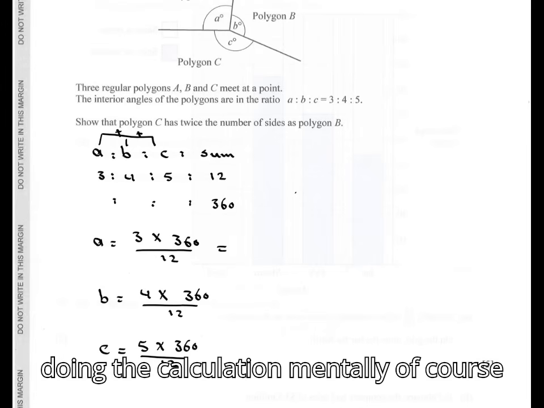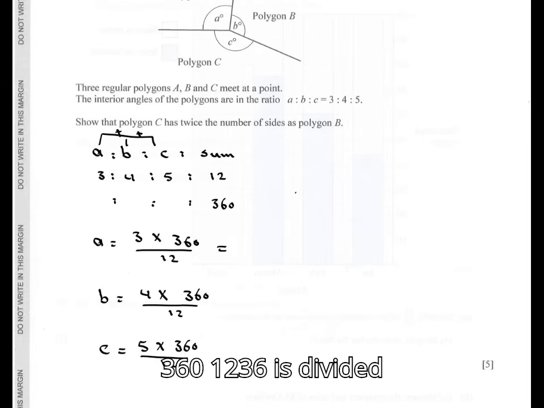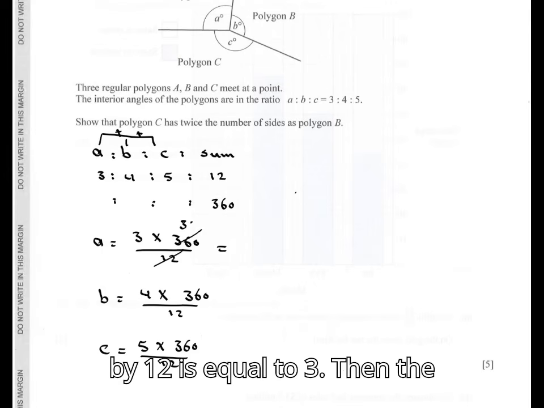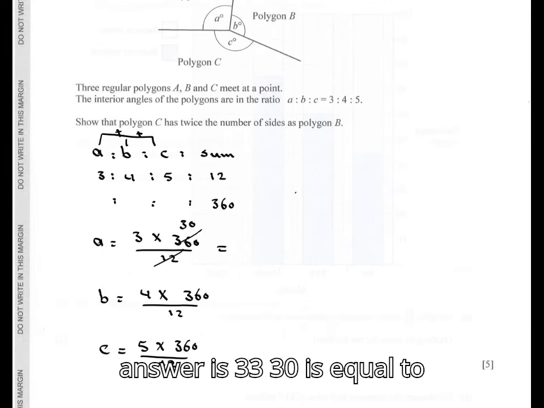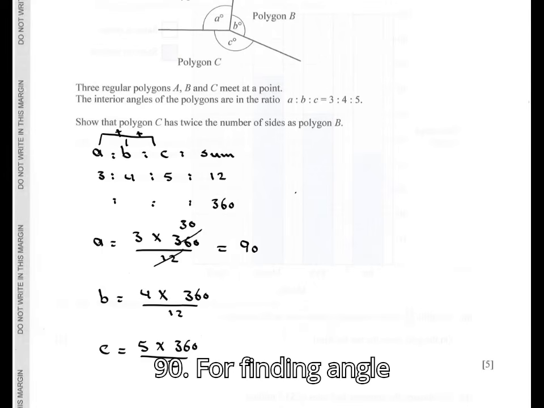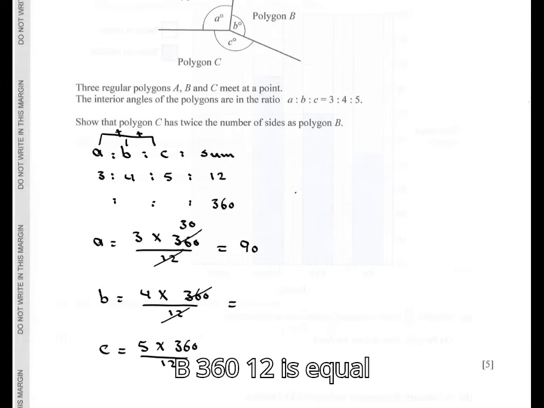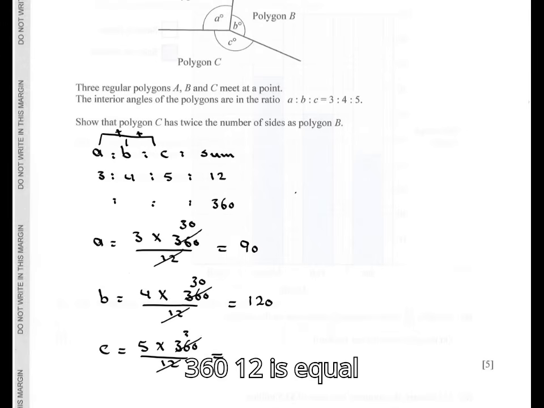By doing the calculation mentally, 360 divided by 12: 36 divided by 12 is equal to 3, then the answer is 30. 3 times 30 is equal to 90. For finding angle B, 360 divided by 12 is equal to 30. 30 times 4 is equal to 120. 360 divided by 12 is equal to 30. 30 times 5 is equal to 150 degrees.